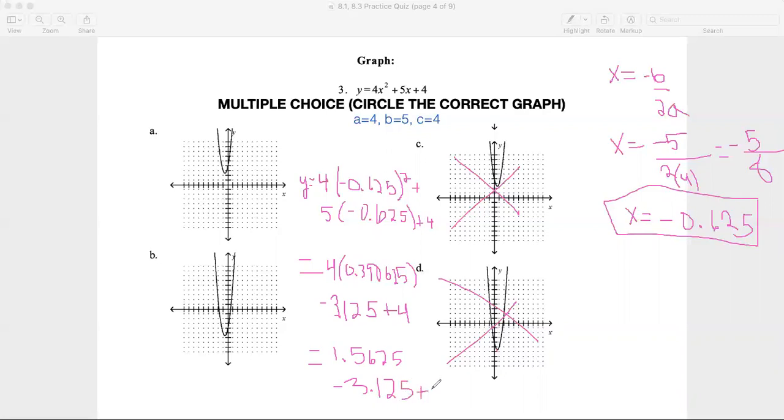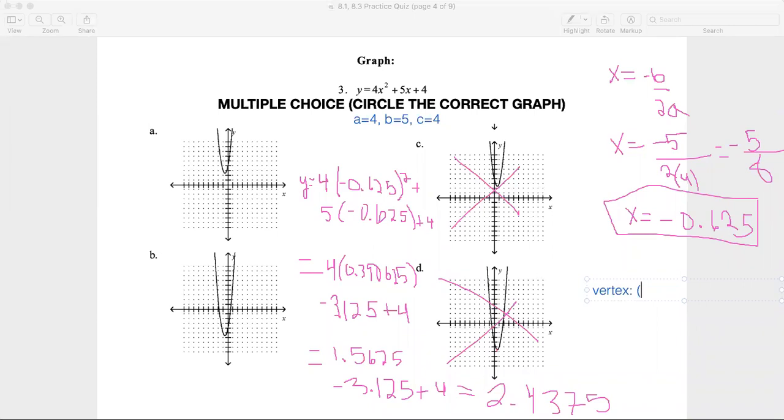All right, I'm going to enter this all in my calculator and just get this over with. So this would give me minus 3.125 plus 4, and I get a positive number, 2.4375.